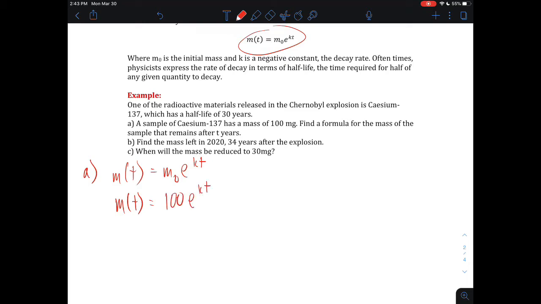And then all we are looking for to answer part A is what that constant k is, which we know should be a negative number. The way that we can figure this out is by using the half-life. What this means is after 30 years, half of the material is left. So that means that m of t, the mass at time 30 years, would be 50, half of 100.